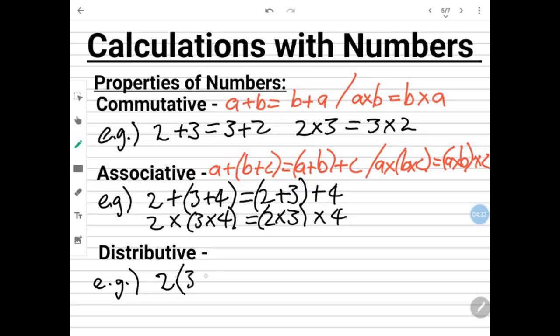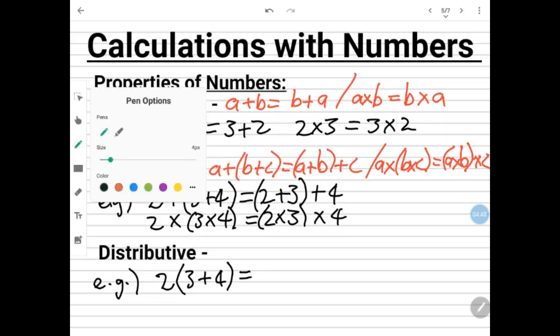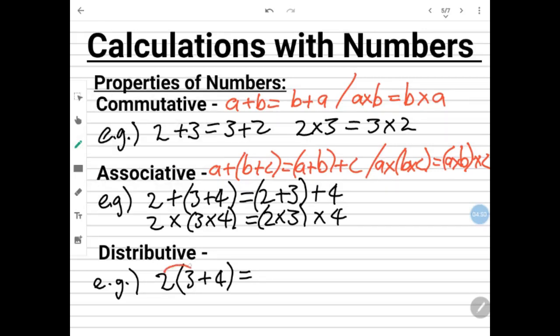Now let's say 3 plus 4, right? Then now we distribute the 2 to the 3 and we distribute the 2 to the 4. So let's draw these lines. We distribute the 2 to the 3 and we distribute it to the 4.